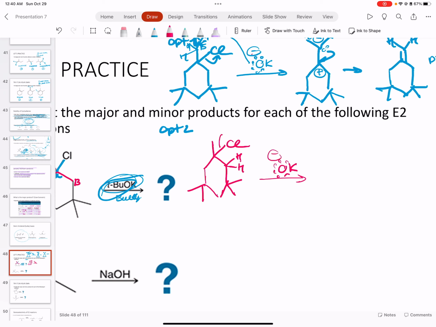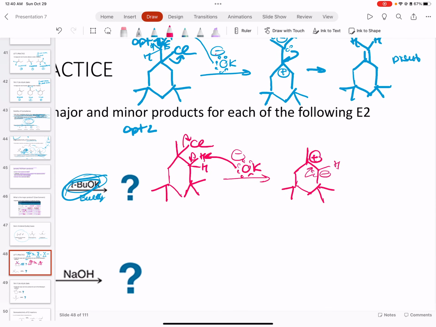So then we have a leaving group. We are also gonna take a hydrogen from it, from our beta position. We have a positive. And then we have a hydrogen, we have a negative. And then we can do a double bond with that one.